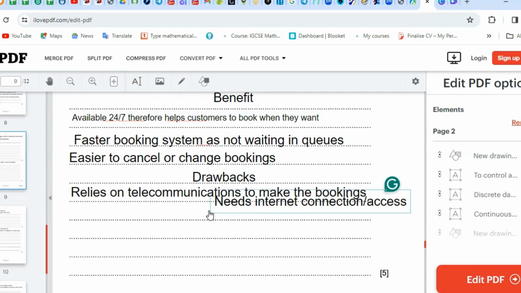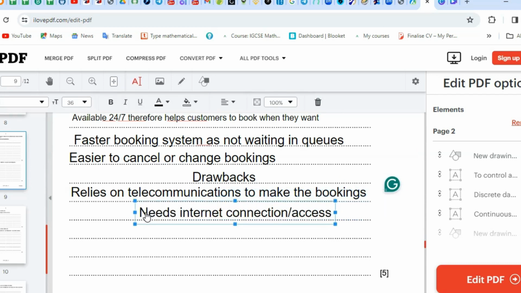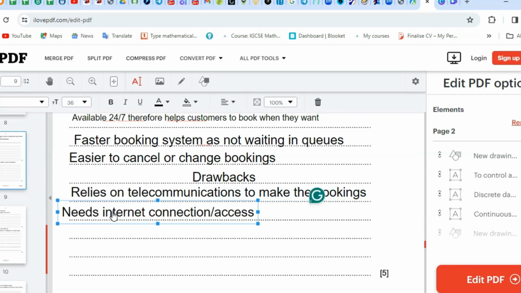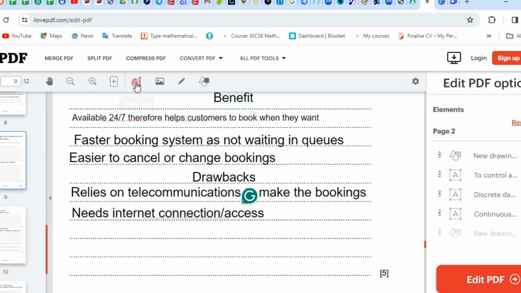So the third drawback is security issues due to fraud and others seeing personal data. You need to enter your details.